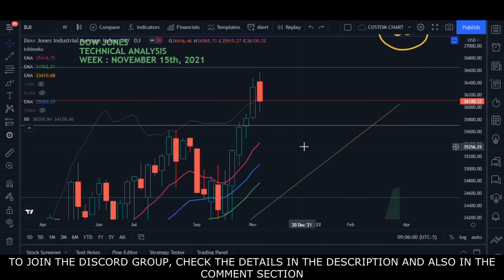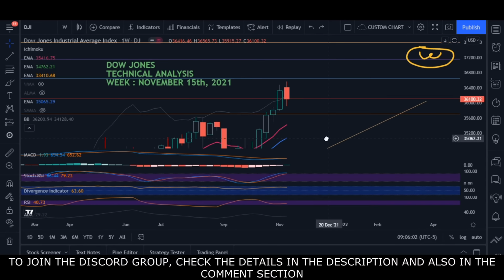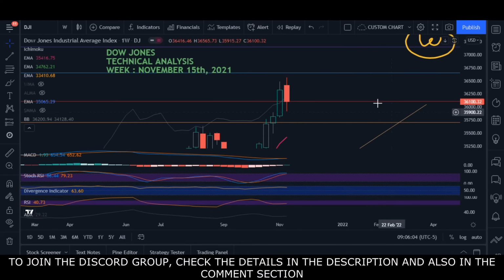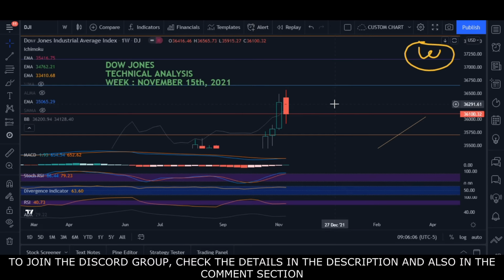Okay, and the other technical indicators that we have here, first we have the MACD. MACD is marginally bearish, sorry, marginally bullish.